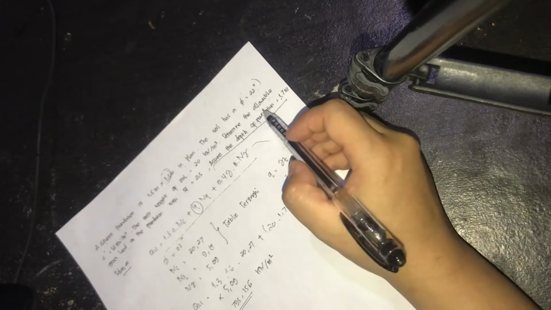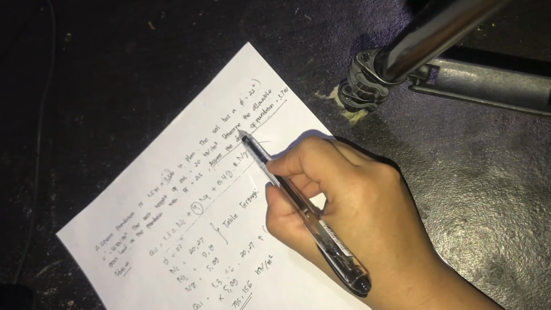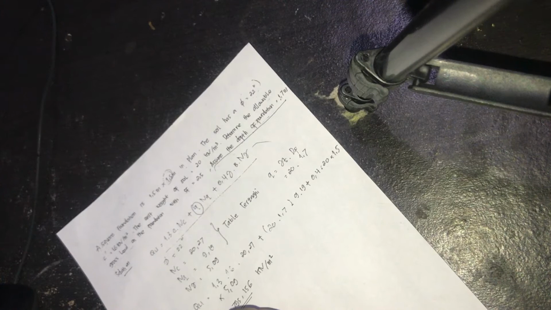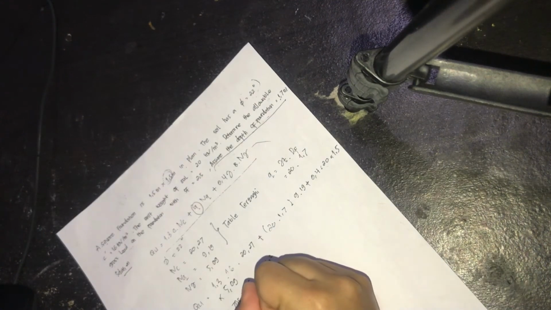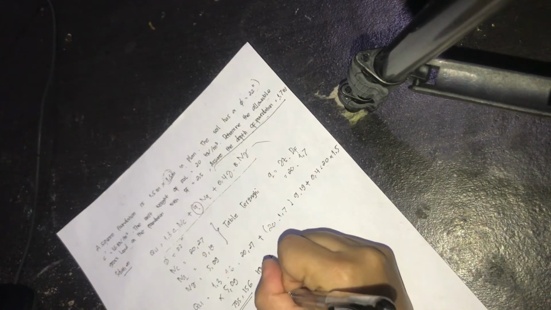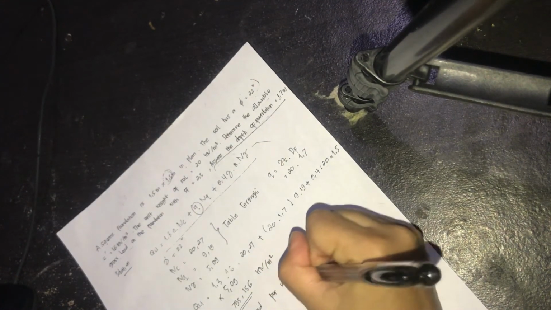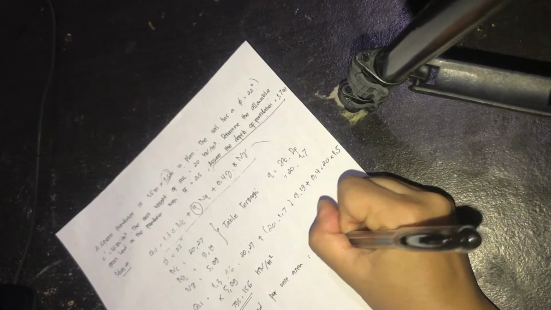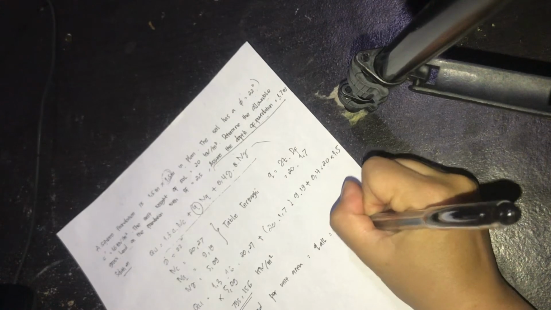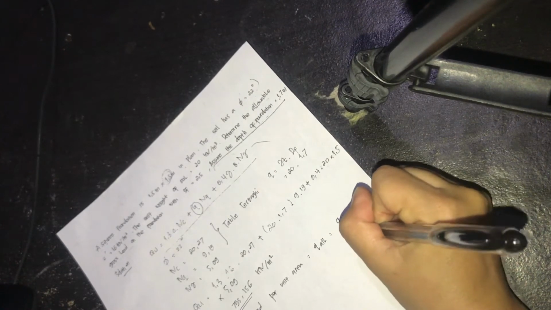But in this question, it said that we have to determine the allowable gross load. So the allowable gross load per unit area is equal to qu over the safety factor.